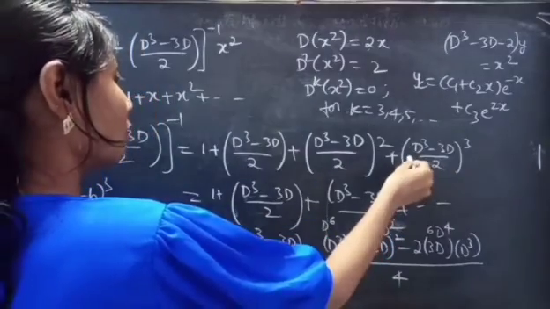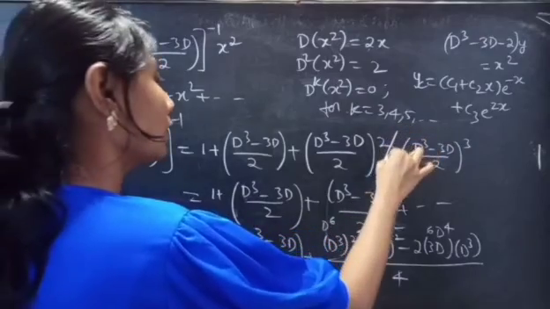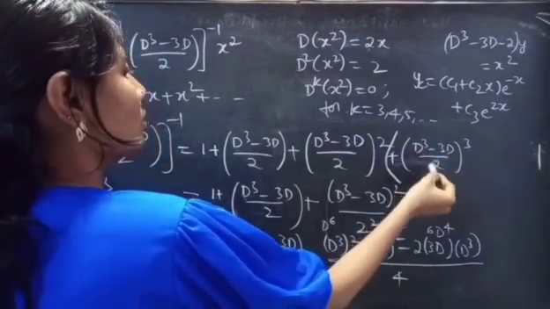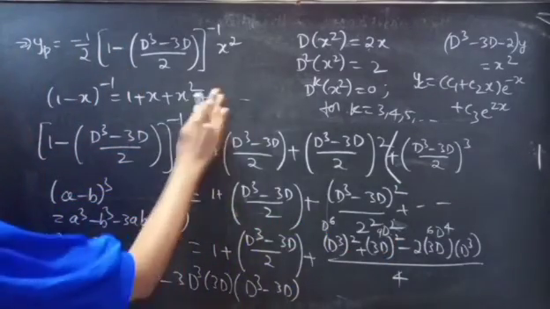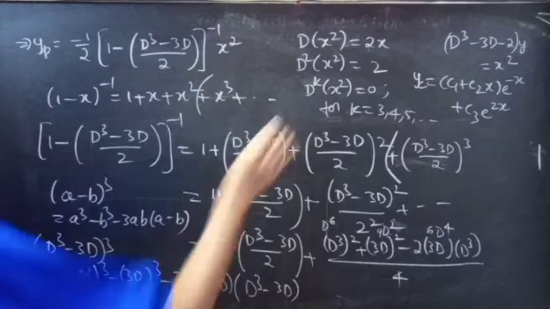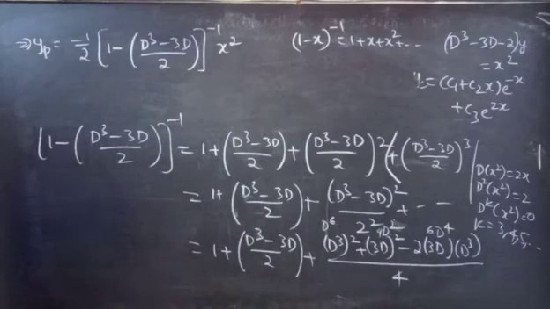We don't get any d or d square term here, so you can neglect all the terms from x cube. We have to neglect higher derivatives from d cube, d power 4, d power 5 and so on, right?